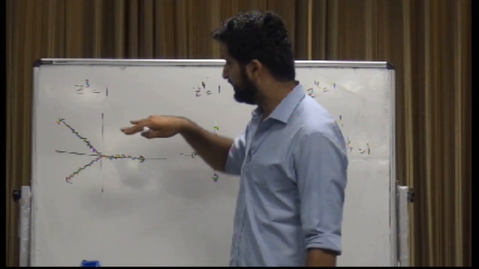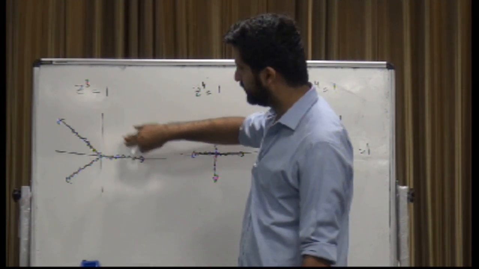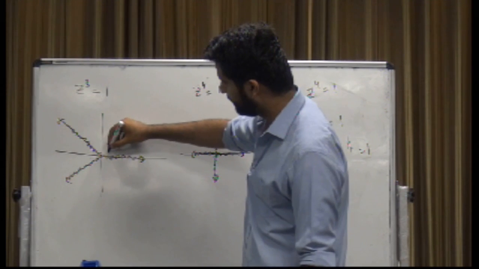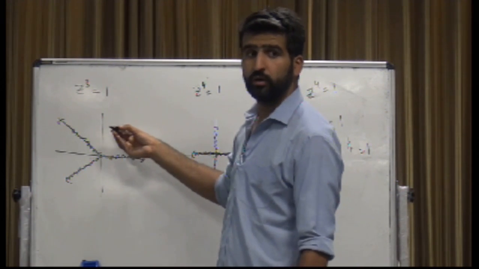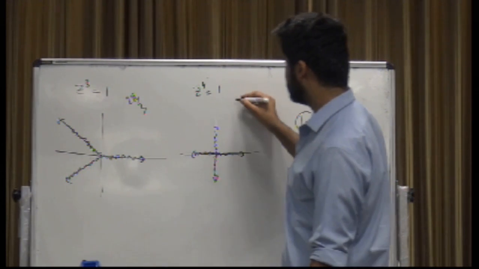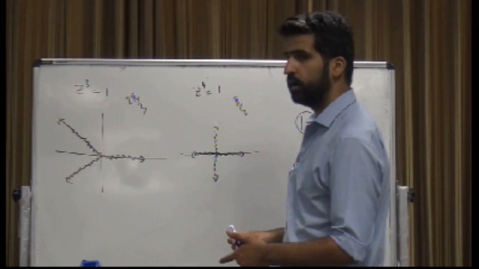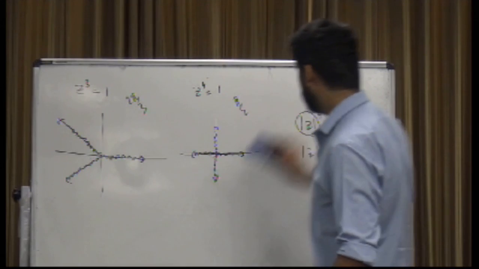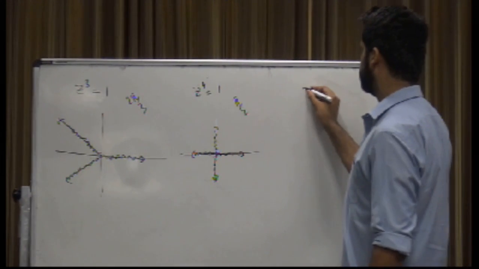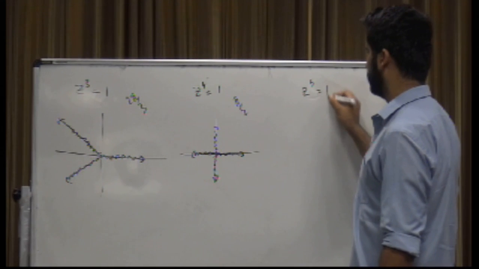Okay. So just see the symmetry here. In the case of cube roots, you are making the three roots like this. So angle between them will be 2 pi by 3. In this case, angle between them is pi by 2. Can you make the fifth roots of unity? So you have z to the power 5 is equal to 1.